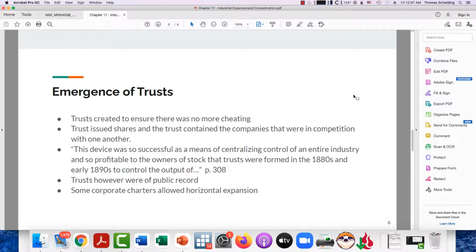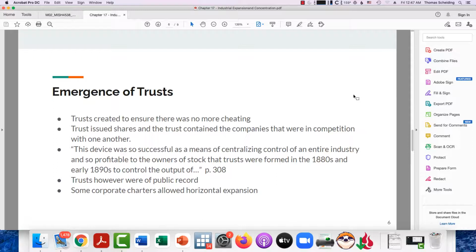The trusts are designed only to get rid of this cheating. The way that a trust is organized is it's basically a separate company that owns all of the companies that it covers. So in other words, the trust's sole asset is ownership of all the other companies.